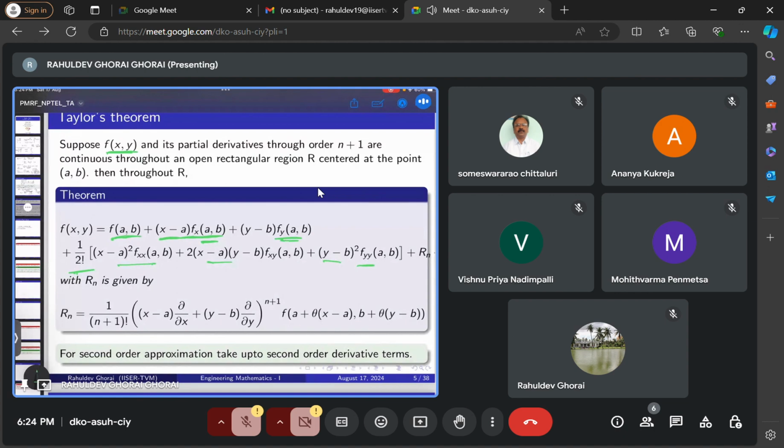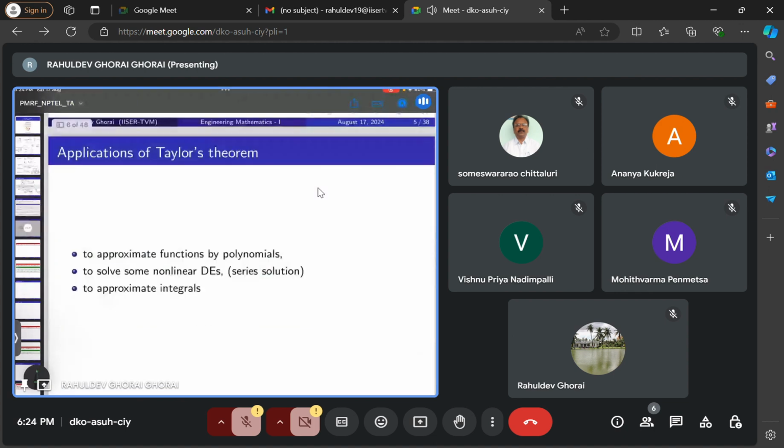These are some applications that you may ask about, why we need this. First of all, to approximate functions by polynomials, and it will also be useful to solve some non-linear differential equations using series solutions.